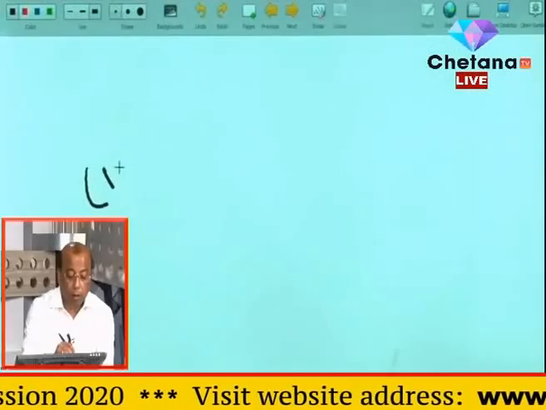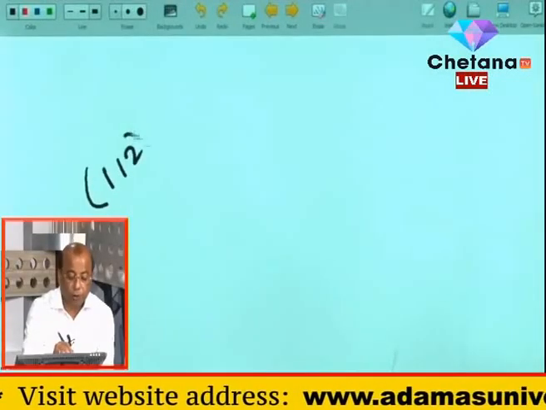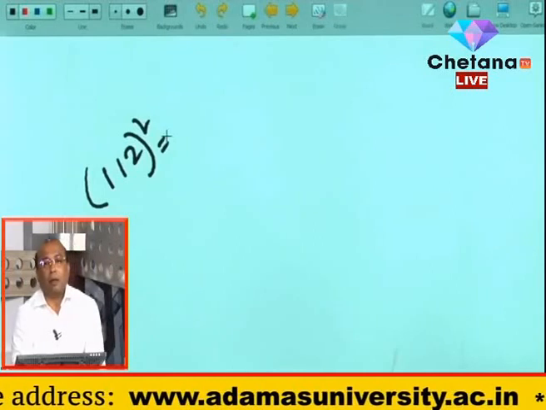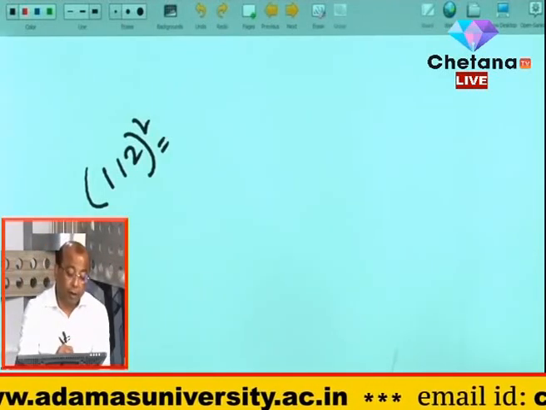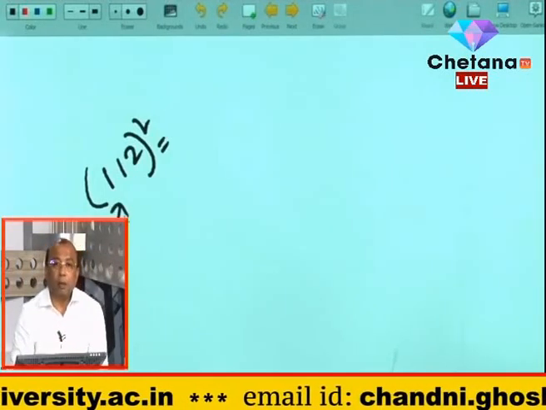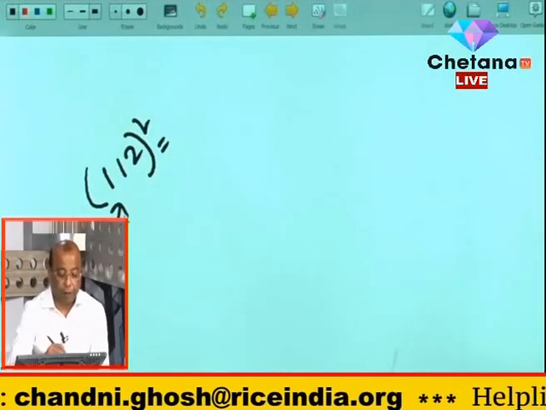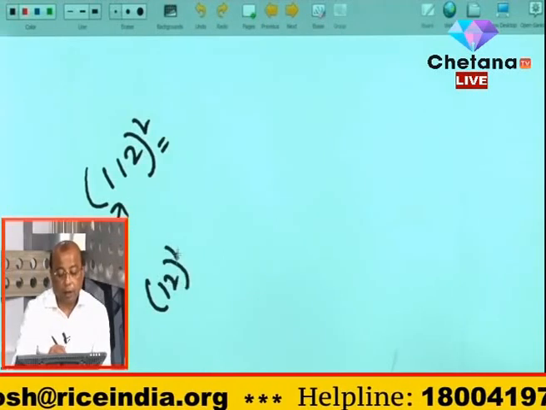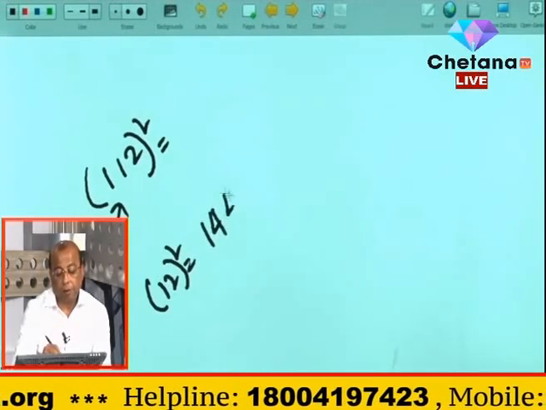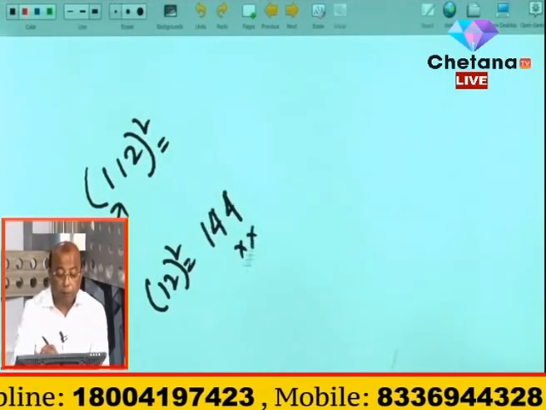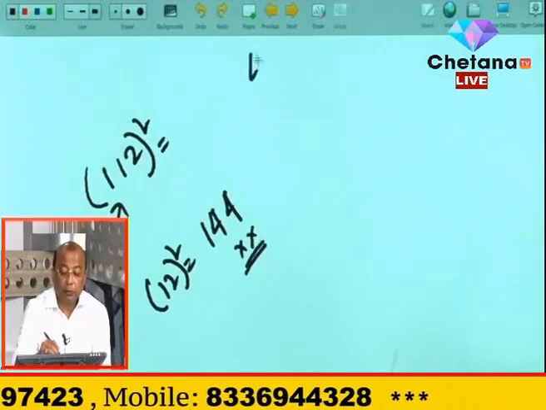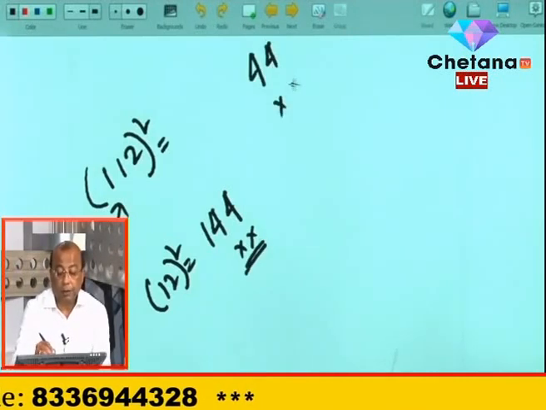112 whole square. So how much more than 100? That is 12. 12 whole square, 144. So we can only put the 44, as there are specific 2 places for the square.